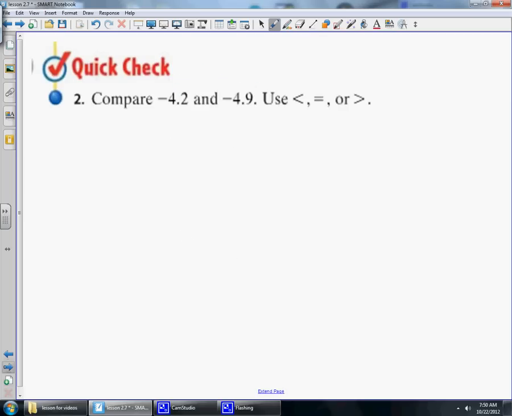Now when we're comparing decimals, we'll want to use the number line again.